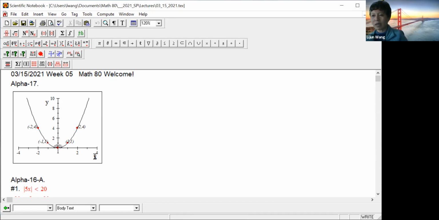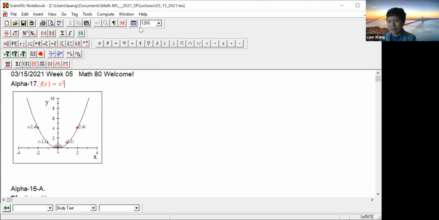We have done this picture before, didn't we? We plotted the points, and we know that this is the function f of x equals x squared. We understand this picture.